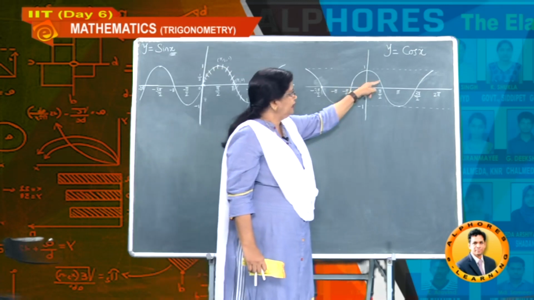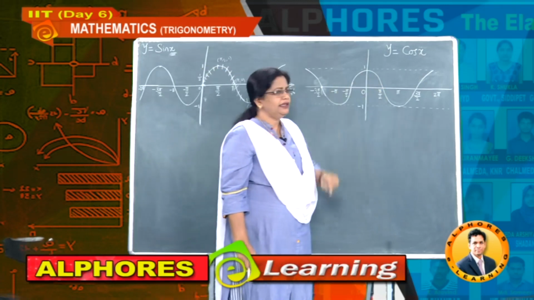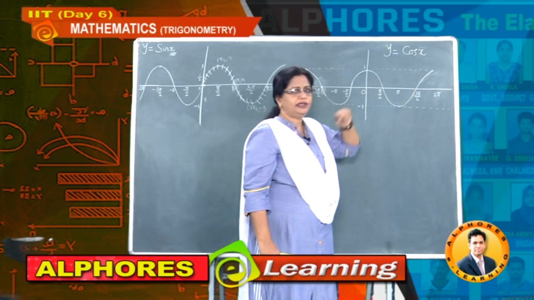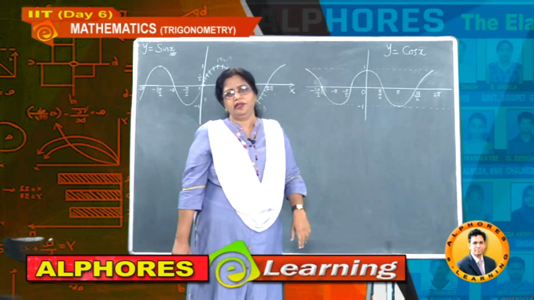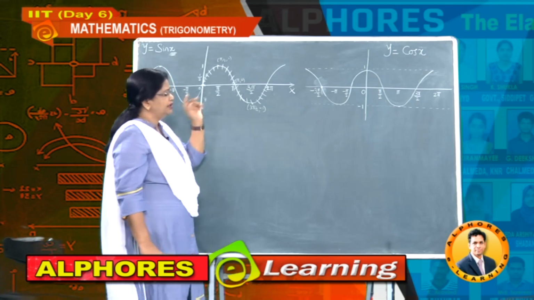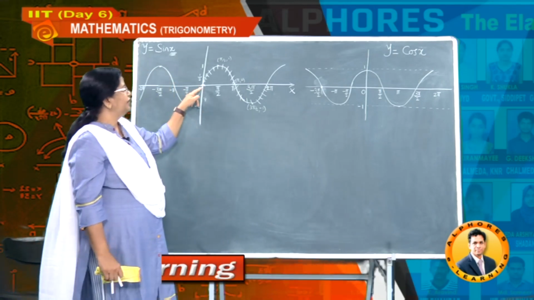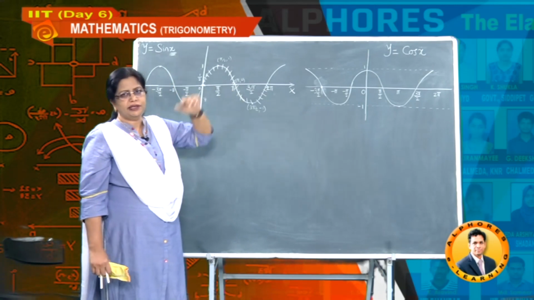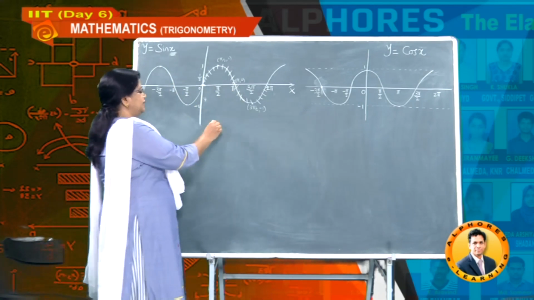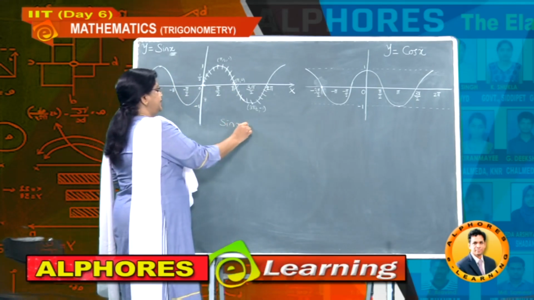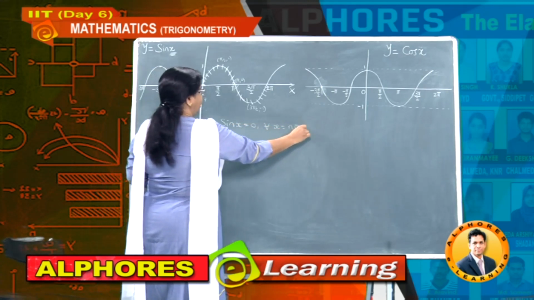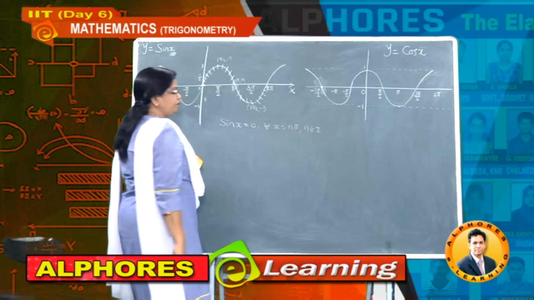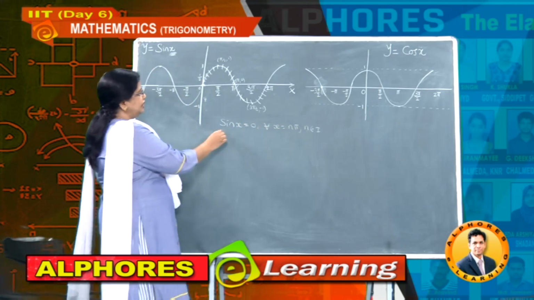It is meeting the x-axis at 90 degrees, 270 degrees, minus 90 degrees, minus 270 degrees, etc. Whereas this one is meeting the x-axis at 0, pi, 2 pi, etc. And we know sin x is 0 for all x equal to n pi, where n is an integer. Now 0 means what is the value here?